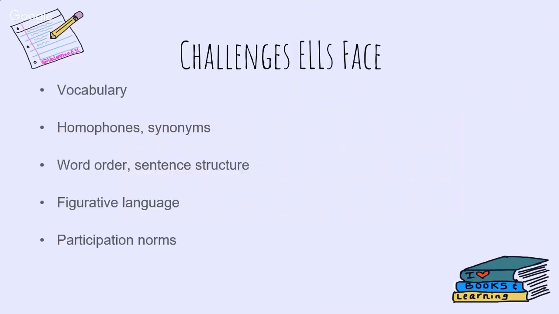ELLs can face many challenges in the English language. For example, I want you to think about the word hit. The other day, I was at a professional development session, and we were discussing the multiple meanings for the word hit, and we did it in partners. So A-B partner, discuss how many meanings for the word hit you can come up with. Some partner pairs came up with only 2 meanings for the word hit, while there was one pair of participants who came up with 5 meanings for the word hit.